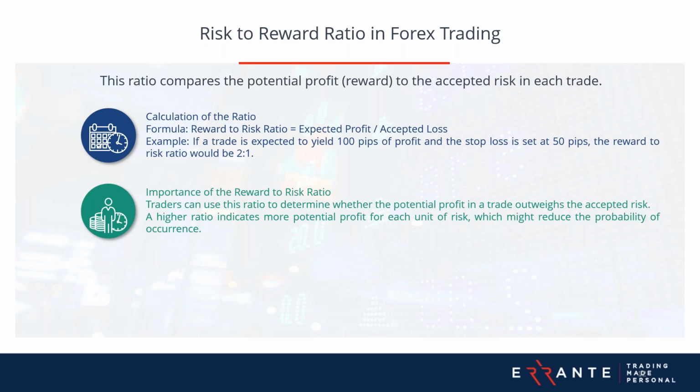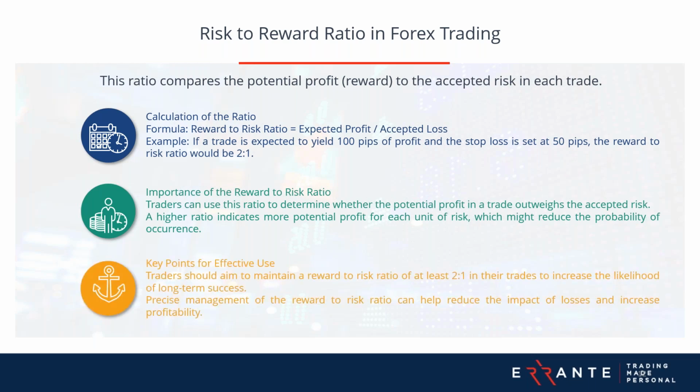But please don't forget that for effective application, traders should aim for a risk to reward ratio of at least 2 to 1 in their trades, and this benchmark helps in maintaining a healthy balance between profitability and risk management. Precise management of this ratio is essential.